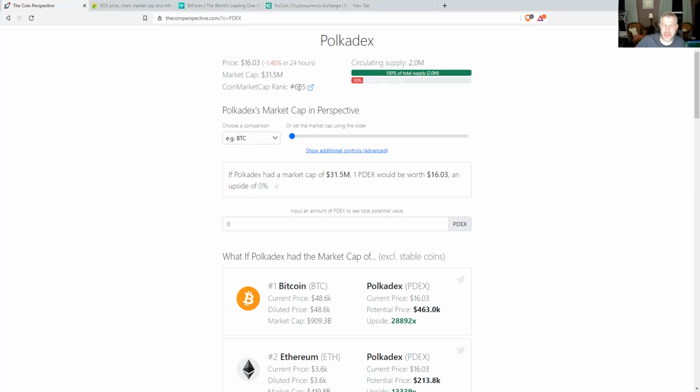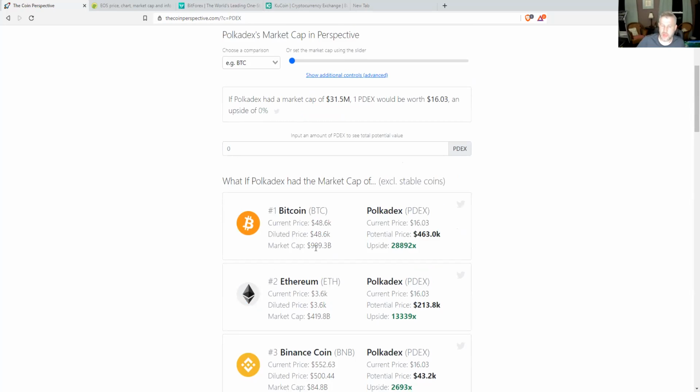The coin market cap is number 685 on the list. Market cap means how much money is being held. So right now, $31.5 million in Polkadot has been sold. It's being held in wallets. When you look at things like Bitcoin, right now it's dropped significantly.